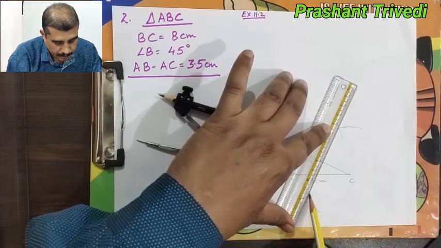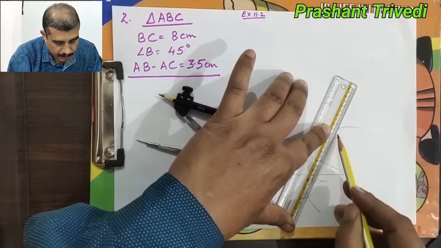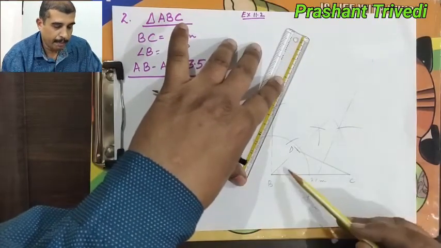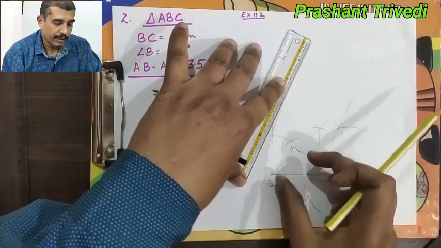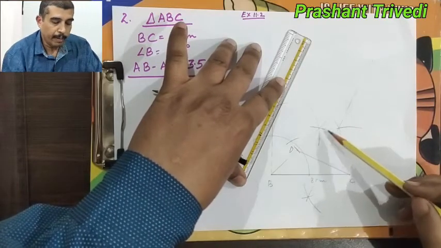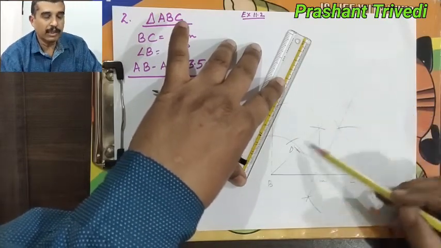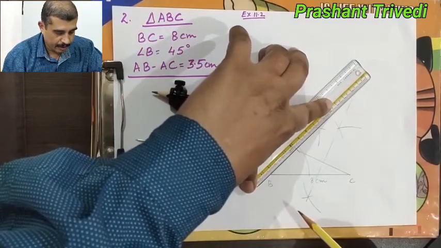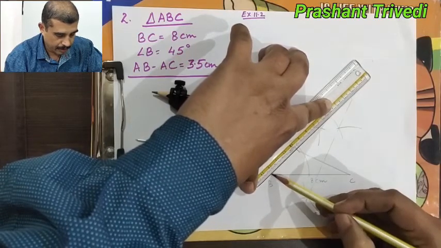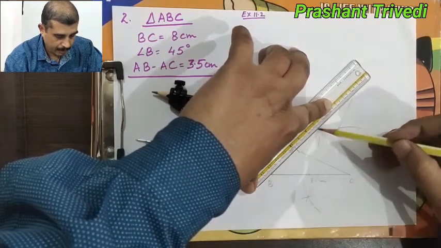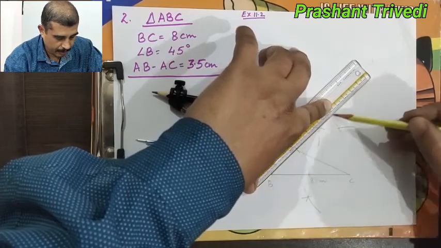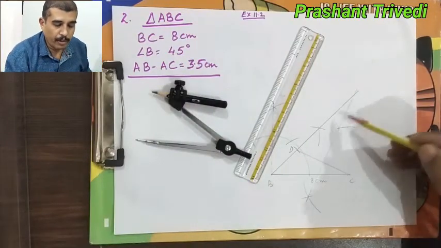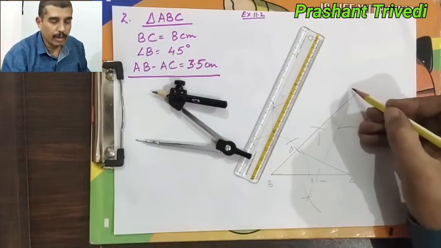Let us see where it cuts the line BD. Because BD is only 3.5, but we require a point of intersection on this line, so we will extend it. Extend it till the point of intersection with the perpendicular bisector.